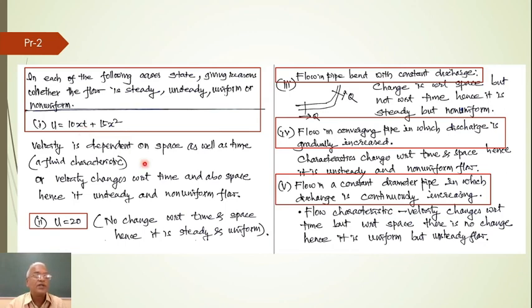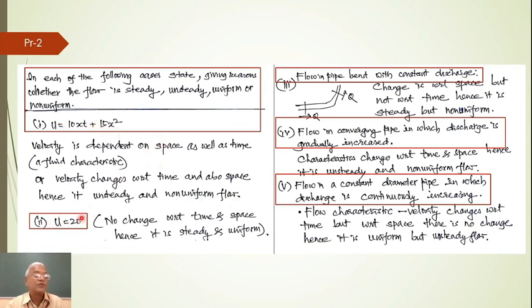So velocity is dependent on space as well as time. So the fluid characteristic, velocity, changes with respect to time and also space, hence it is unsteady and non-uniform flow.